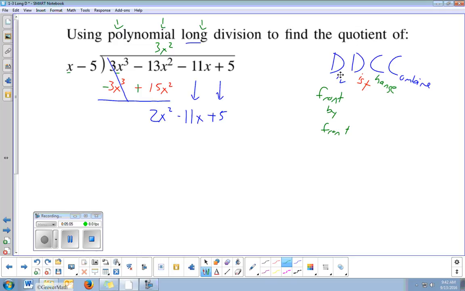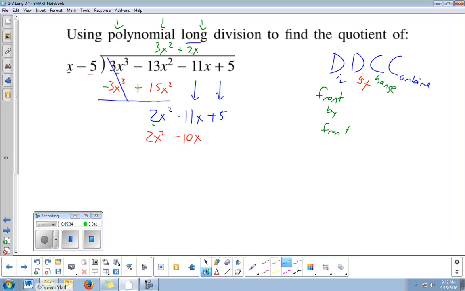Now that we're back to the first step, we're looking at this polynomial divided by this. Again, for the division, it's still just the front divided by the front. So 2x squared divided by x is 2x. Then I distribute it to the entire divisor to get 2x squared, and 2x times negative 5 is negative 10x.